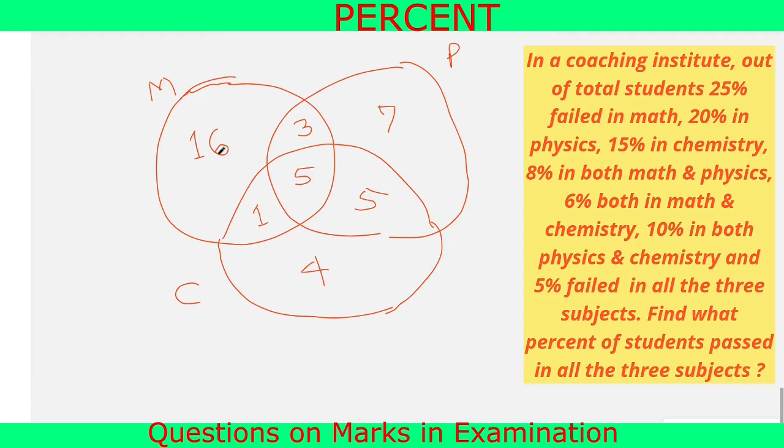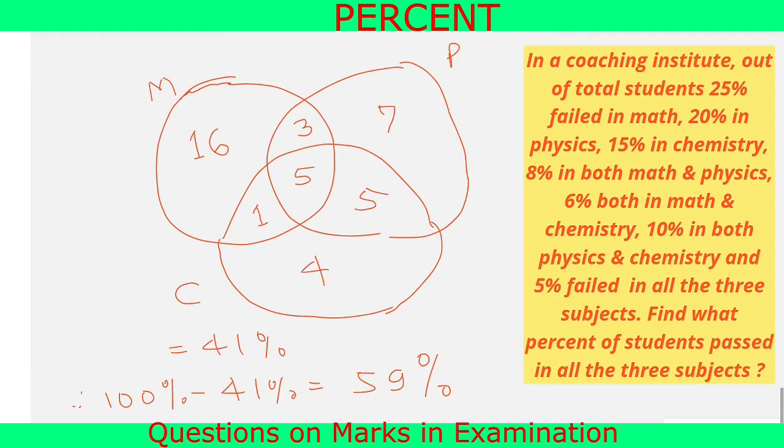So this is 16 plus 3, 19 plus 5, 24 plus 1, 25 plus 7, 32 plus 5, 37 plus 4, 41. The total number of students failed equals 41%. 100% minus 41% equals 59% passed in all the 3 subjects.